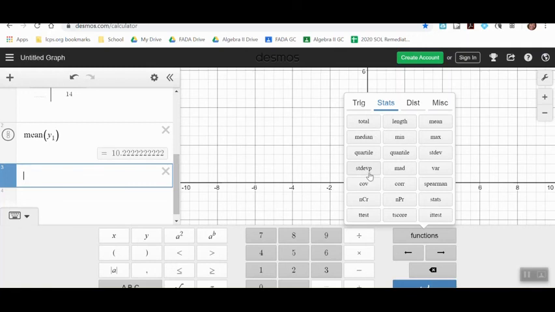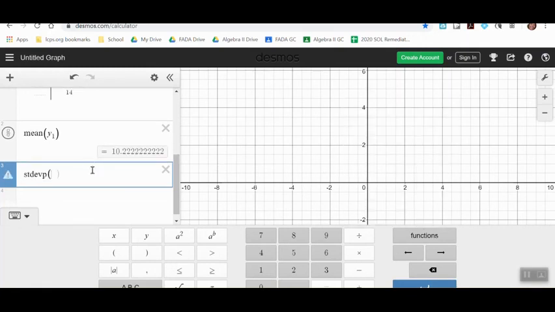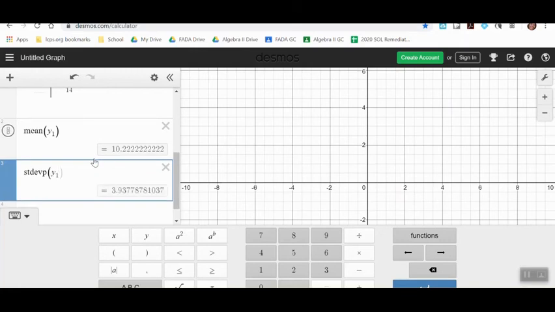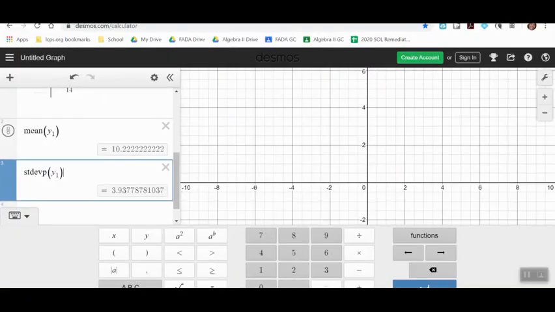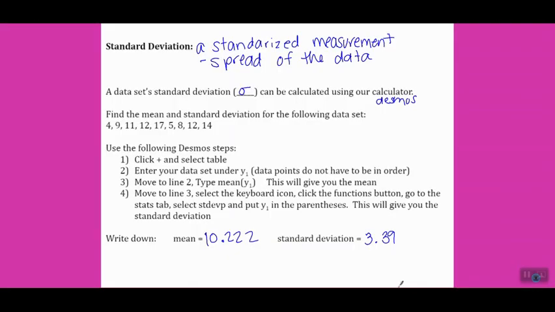For standard deviation, we're going to use STDEVP. And then we're going to put Y1 in our parentheses again. And that tells us our standard deviation is 3.937, rounding it to 3.9.